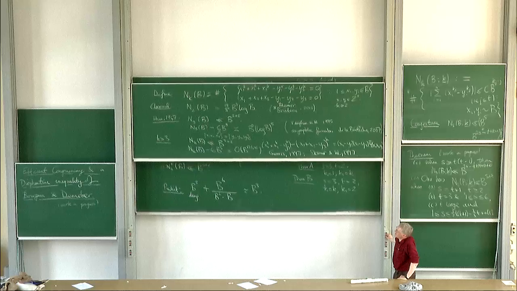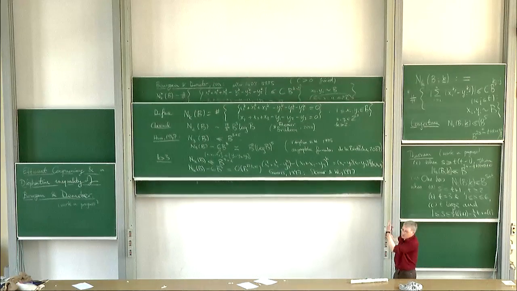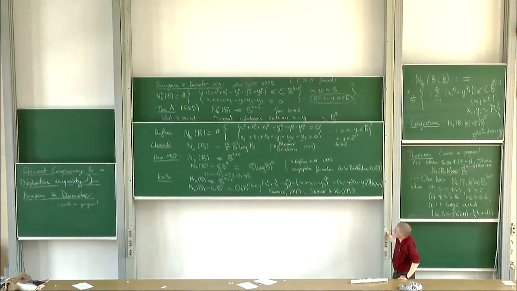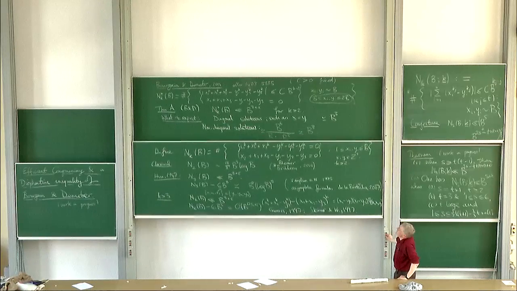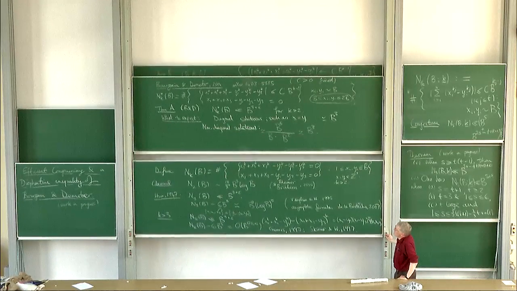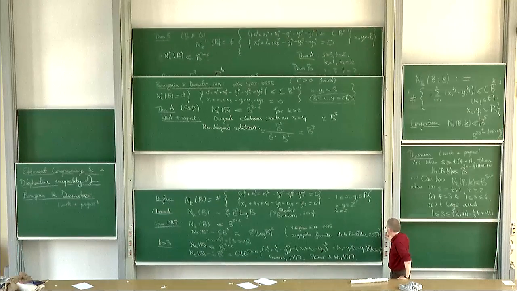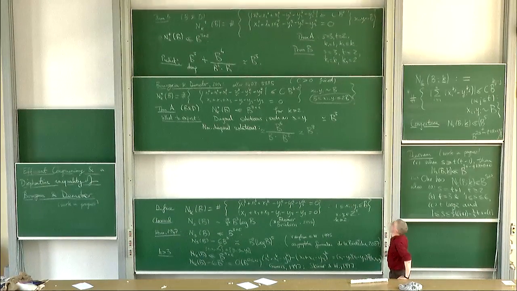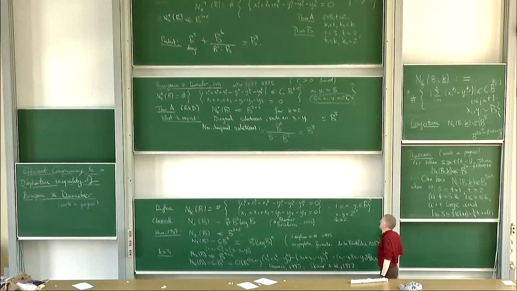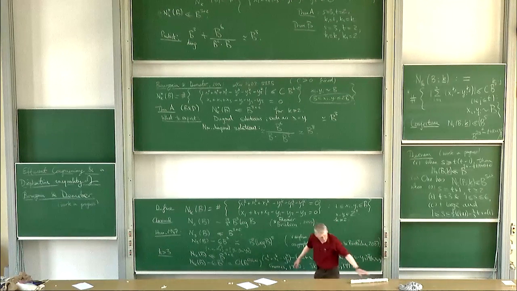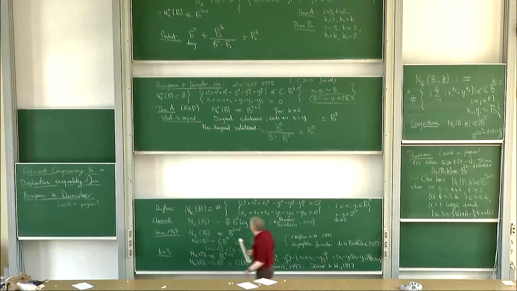So Vinogradov's mean value theorem doesn't have to do with inequalities like this. It has to do with systems of equations. And the equations have a special shape.